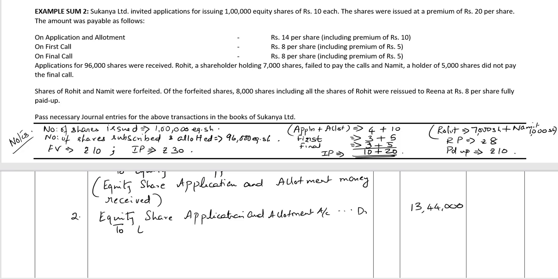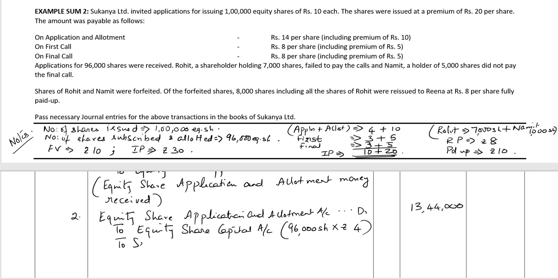To equity share capital account. The amount of application and allotment money towards share capital is 96,000 shares multiplied by rupees 4 per share.